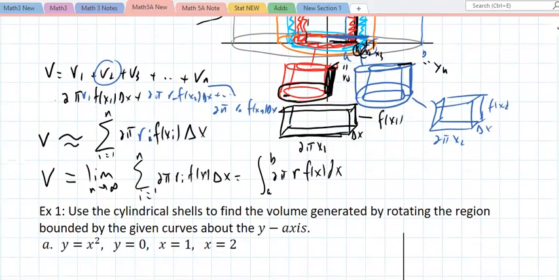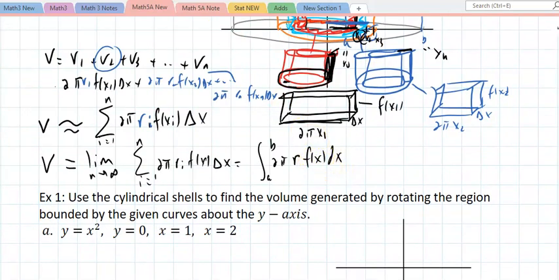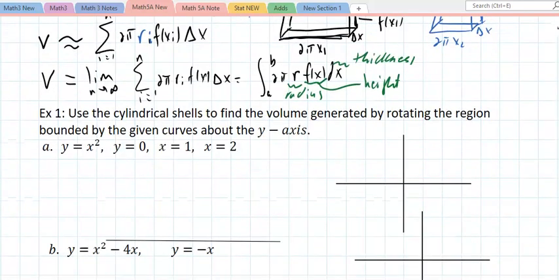So keep in mind how this works. This is the height, and if you're running vertically, that's top minus bottom. If you're running horizontally, that's right minus left. This is the radius, and this is the thickness. And that's pretty much it.